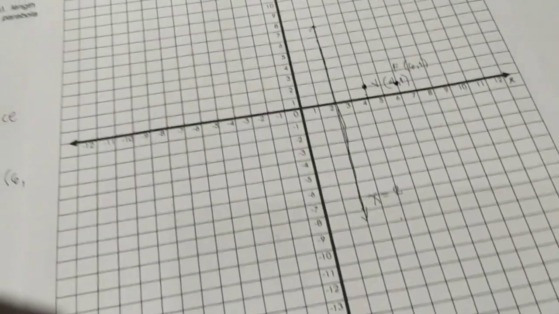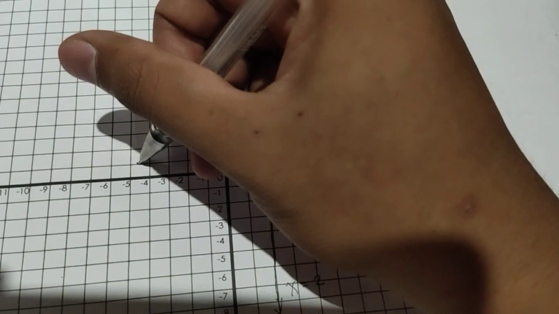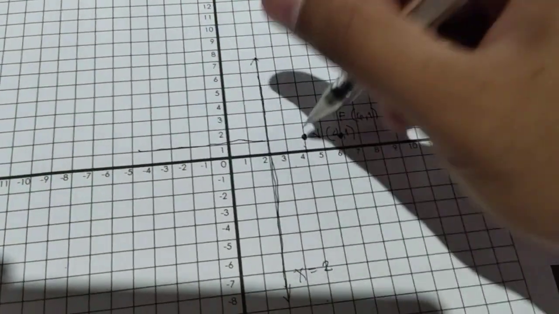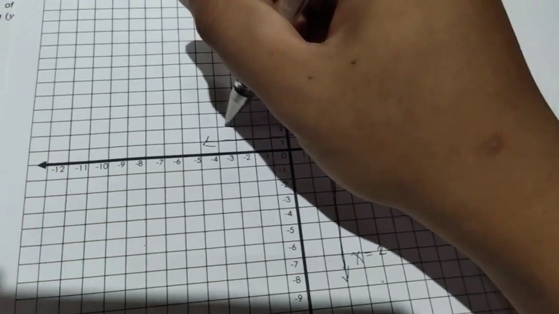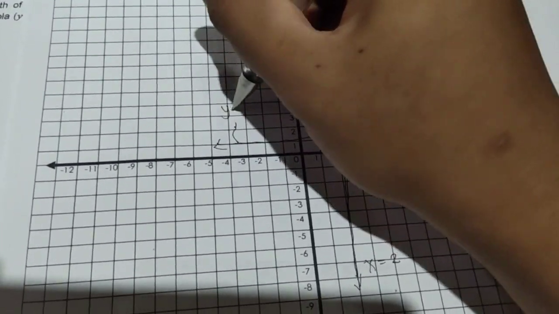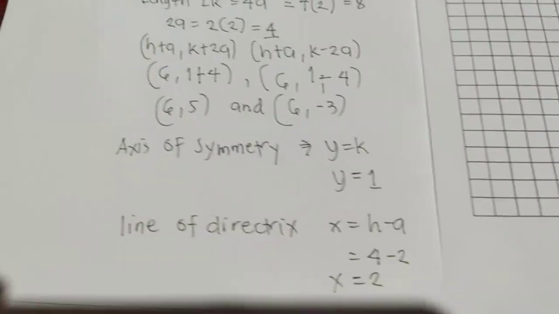Then the axis of symmetry is y equals 1. So this is the axis of symmetry of the parabola. And the endpoints of the latus rectum are (6, 5) and (6, -3).